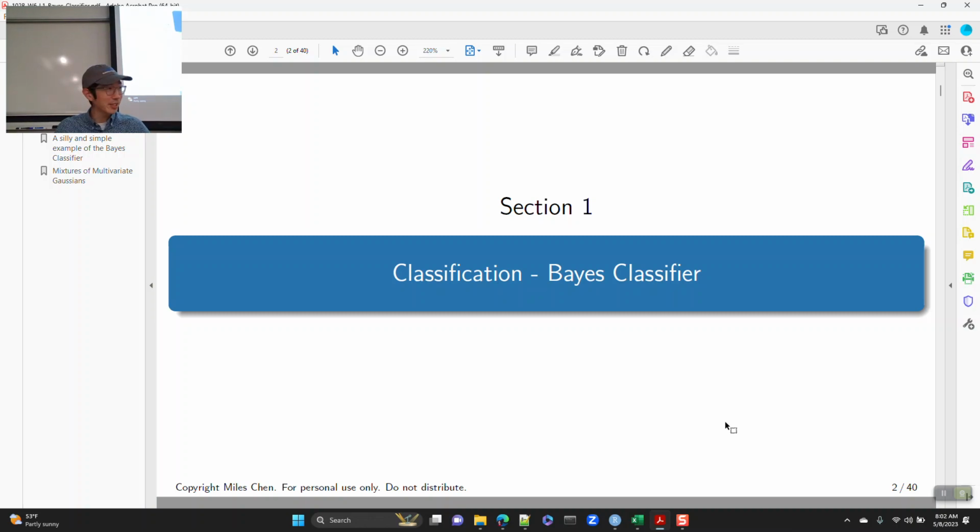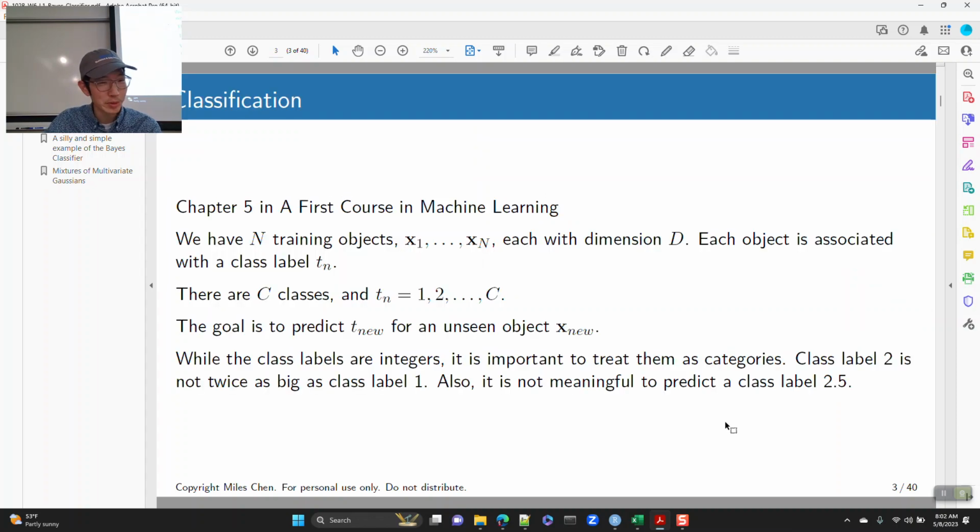Let's take a look. Today we will bring in the Bayes classifier. So we'll do some classification. We haven't done much else so far: we did linear regression and neural networks.